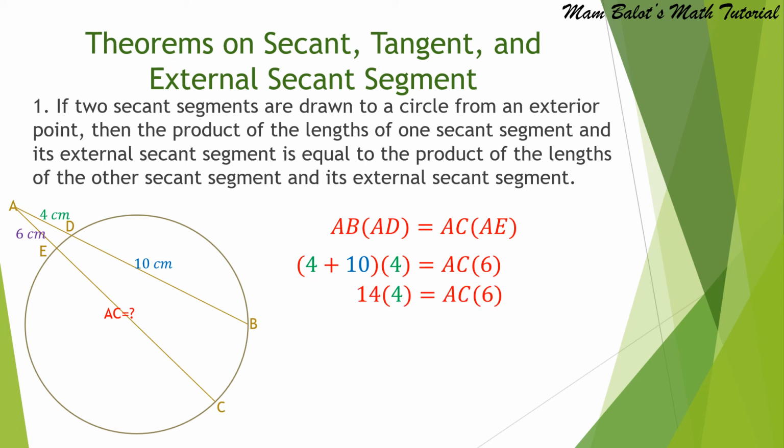So adding 4 plus 10, we have 14. Then 14 times 4 is 56. And then we divide the whole equation by 6. And we get AC is equal to 28 over 3, which is equivalently equal to 9.32.